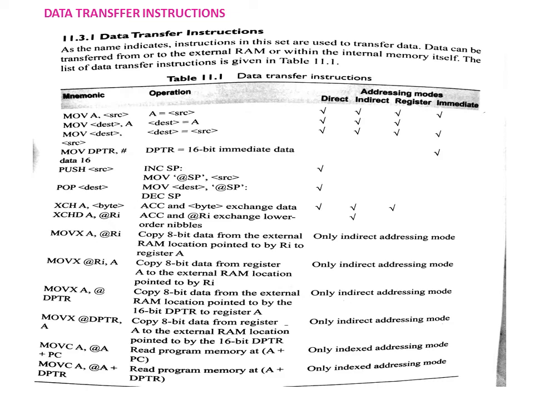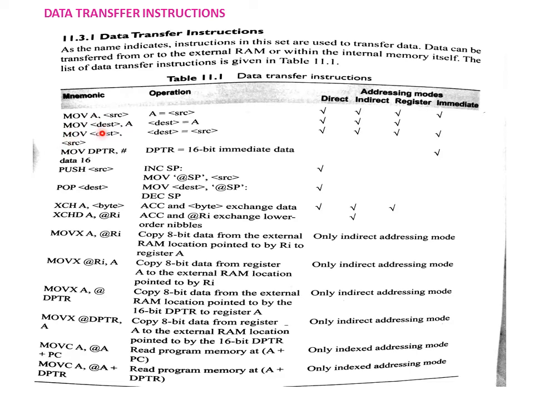MOV A comma source. Normally here A will be treated as the destination register, and this will be treated as the source register. The meaning of this one is that the source register contents are moving to the accumulator A register.